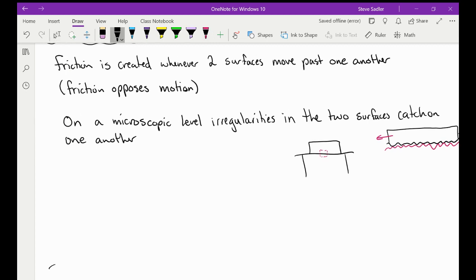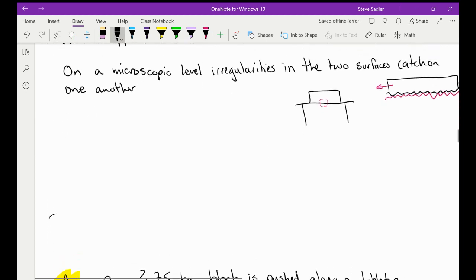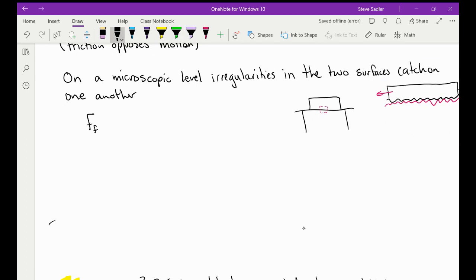So let's look at the formula. Force of friction is equal to mu multiplied by normal force. So that's our formula.